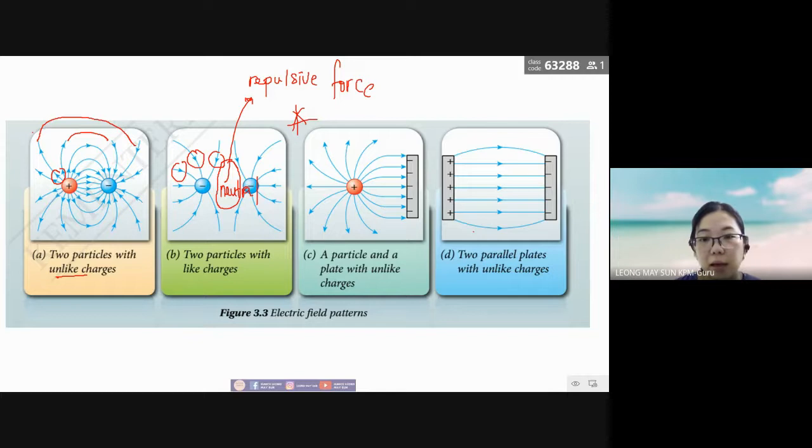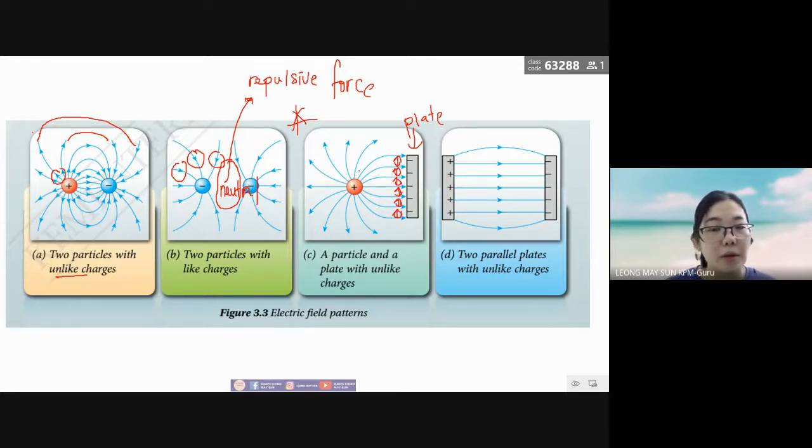Next is a positive charge and a negative charge plate. When we are dealing with an electric plate, the field lines entering must all be at equal distance, especially in the middle part.